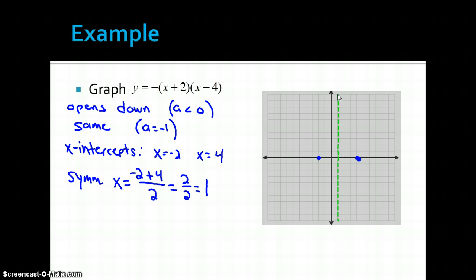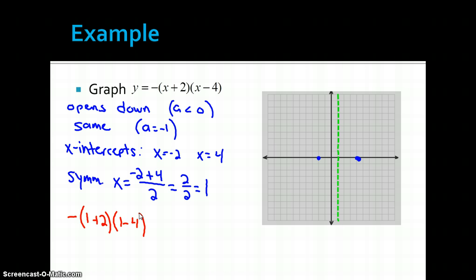Now, in this particular case, it probably would have been just as easy to count in from the intercepts. We could have done that. I just wanted to show us that we can just add those two together and divide by 2 to quickly get that as well. Now, we know that the vertex is on this axis of symmetry when x equals 1. So we need to substitute 1 into our original function up there and see what we get.